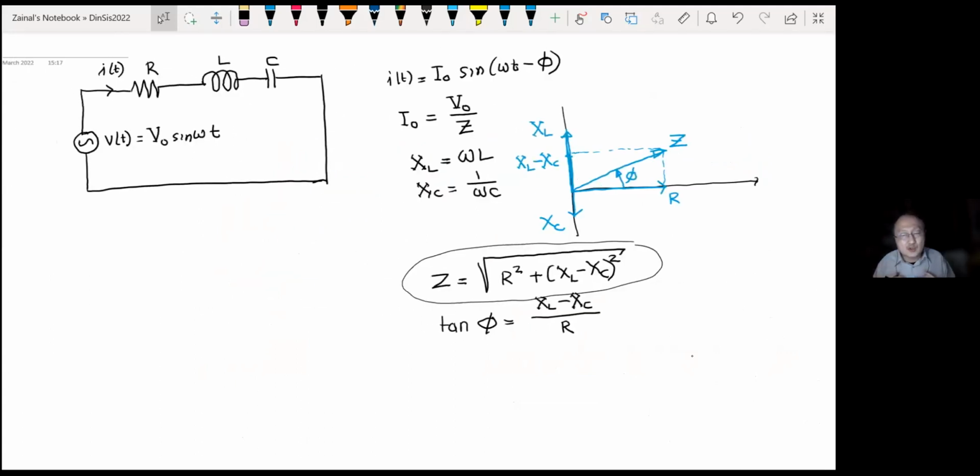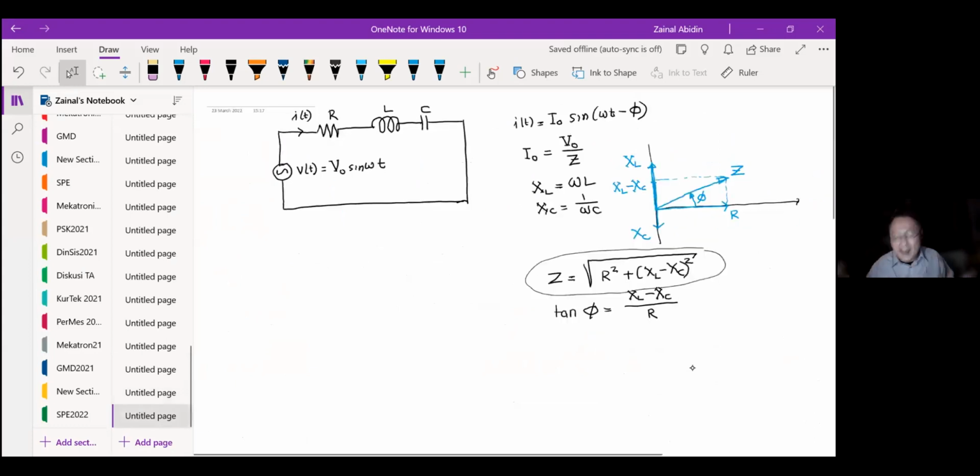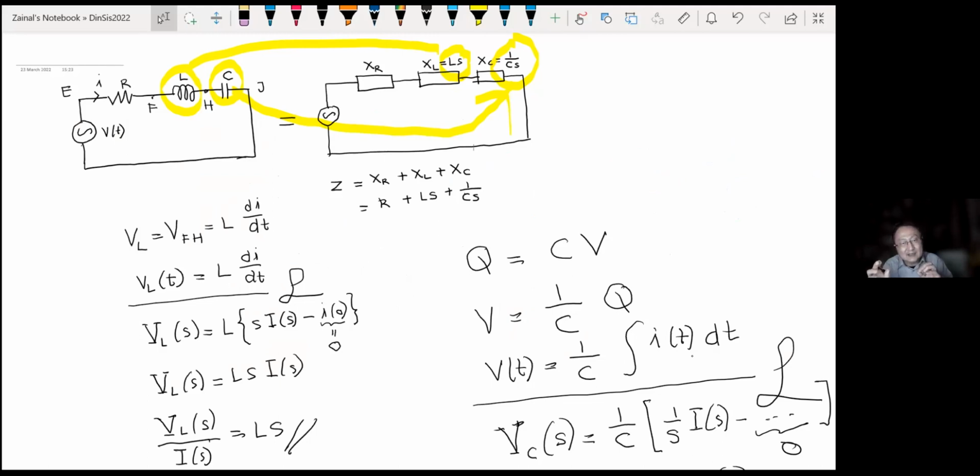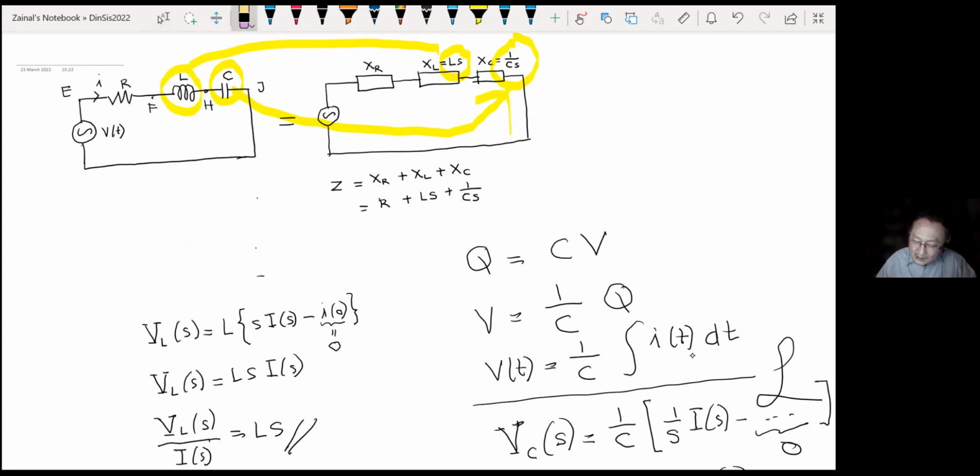Now I want to show you that using simple derivation, you can treat any electrical circuit with L and C as a resistance, which is simple. After this, we can play with a combination of parallel, etc. Later. First I want to show you that this will produce the same formula as before.